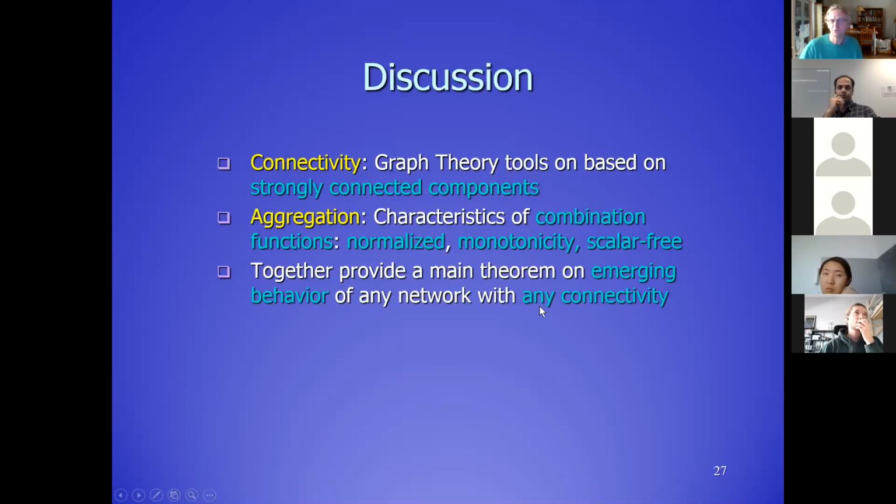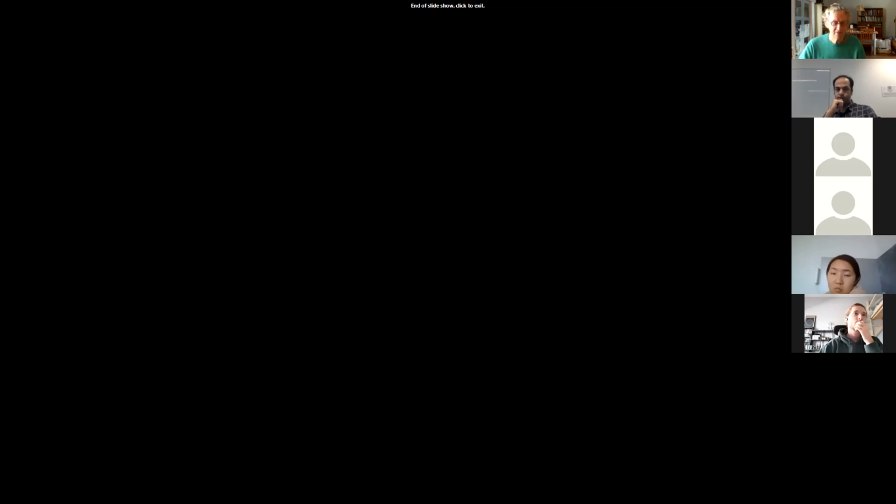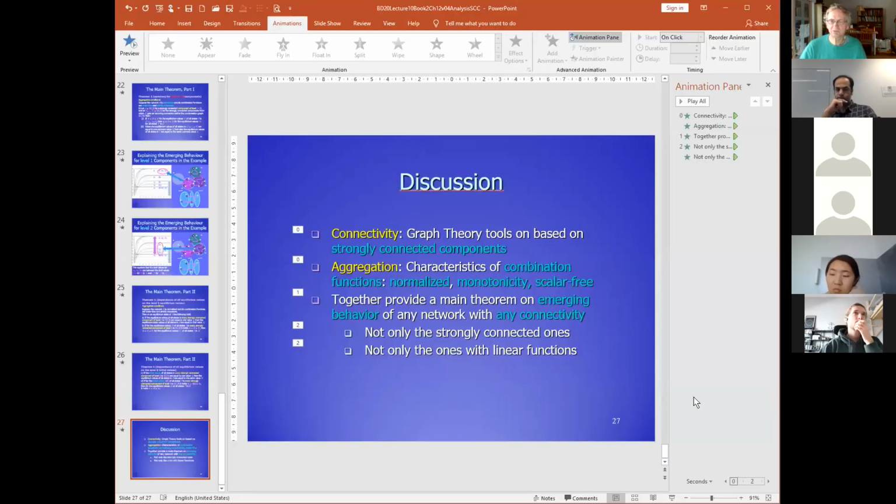It can be applied to all types of connectivity. We have now some results to analyze them, not only for strongly connected networks, and also not only for linear functions, although in our examples we will use it now for scaled sum, which is a linear function. Okay, is there any question about this?